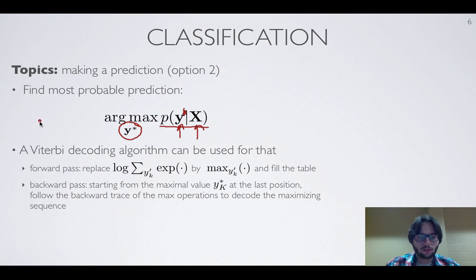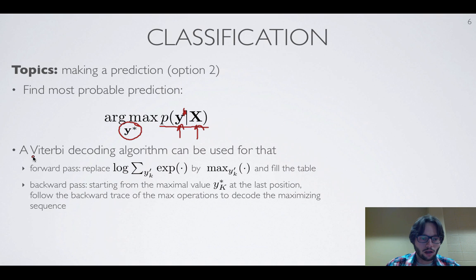I'll go rapidly over this, but it turns out that much like we've seen a way of summing over this term, the exponentiated sum of log factors, we can also perform the maximization with a dynamic program.